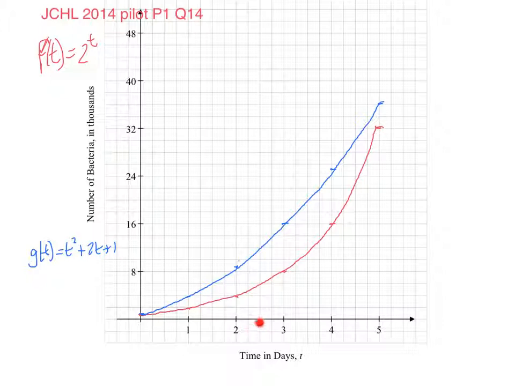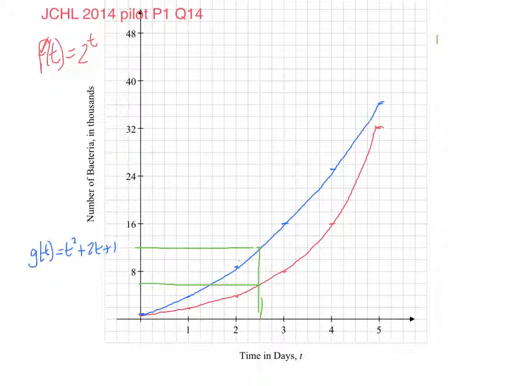So 2.5 days is here, and we're looking at Paul, which is the exponential function, and Marie, which is the quadratic function. So we're looking at the intersections from 2.5 up. We're talking about that value and that value. So read off very rudimentarily, I can read off values as being 12 and 6.